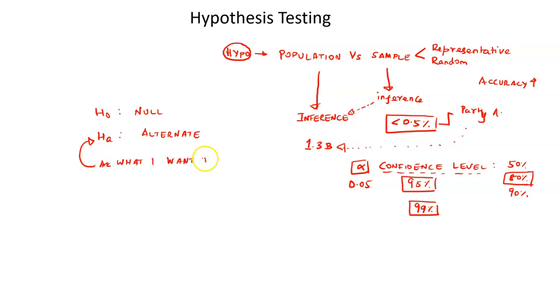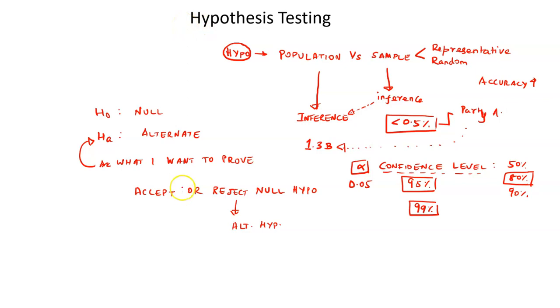What I want to prove is my alternate hypothesis, and the opposite of what I want to prove is my null hypothesis. In the world of hypothesis testing, we either accept or reject the null hypothesis. When we reject the null hypothesis, what happens? We are going ahead with the alternate hypothesis, right? So this is an indirect way of doing it. That is how we work in the world of hypothesis testing.